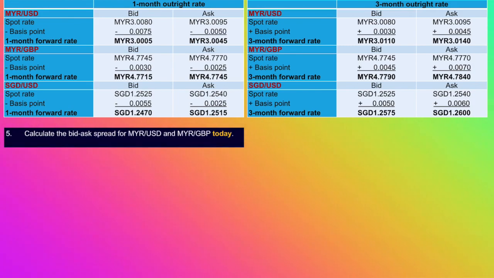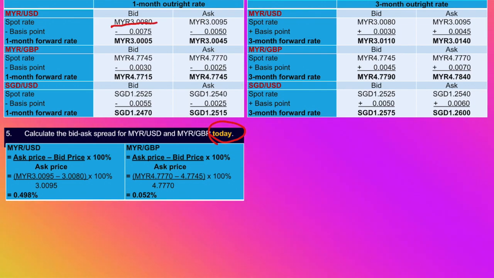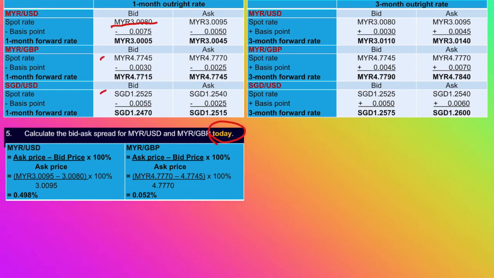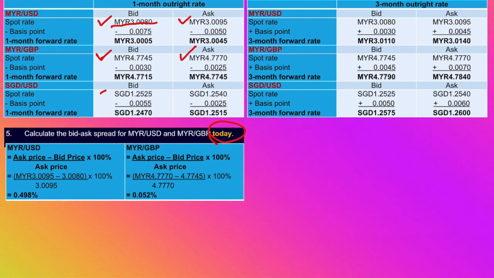Next question. Calculate the bid-ask spread for Malaysia ringgit per US dollar and Malaysia ringgit per GBP today. Today, so we use the spot rate. So Malaysia US dollar, this one and this one, and Malaysia GBP, this one and this one, for the spot rate.